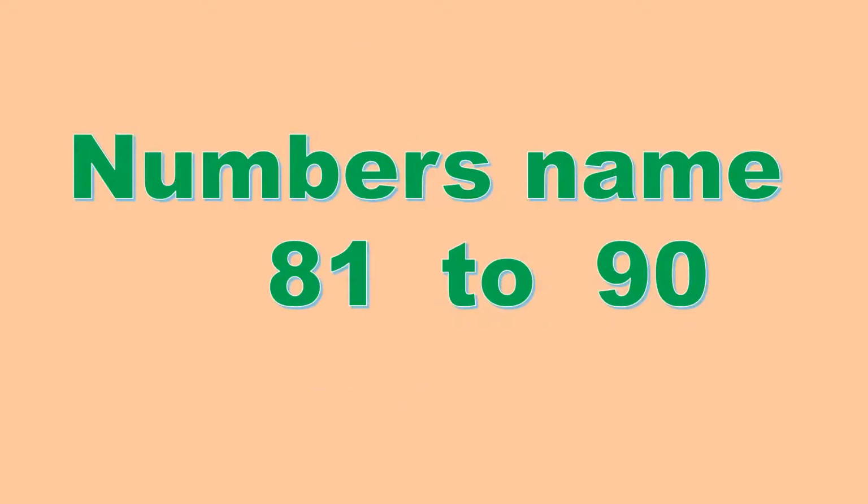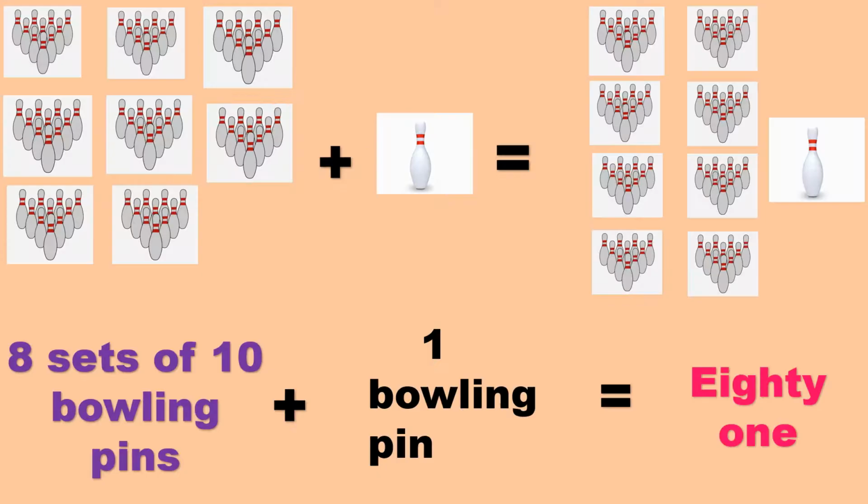So children, today we are going to learn number names 81 to 90. Here we can see 8 sets of 10 bowling pins. 1, 2, 3, 4, 5, 6, 7, 8.